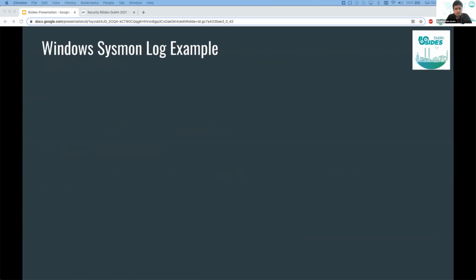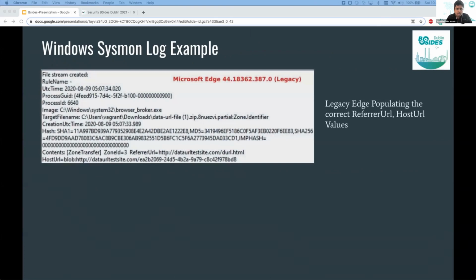So we briefly spoke about the discrepancy in logging. I just took a simple example of a Sysmon event log that gets generated when a blob-based file download happens on a browser in a Windows endpoint. In the first case, you can see that the legacy Edge does a good job at populating the right referrer URL value, where the domain from which the blob was served is known, and the host URL also indicates that it was a blob.